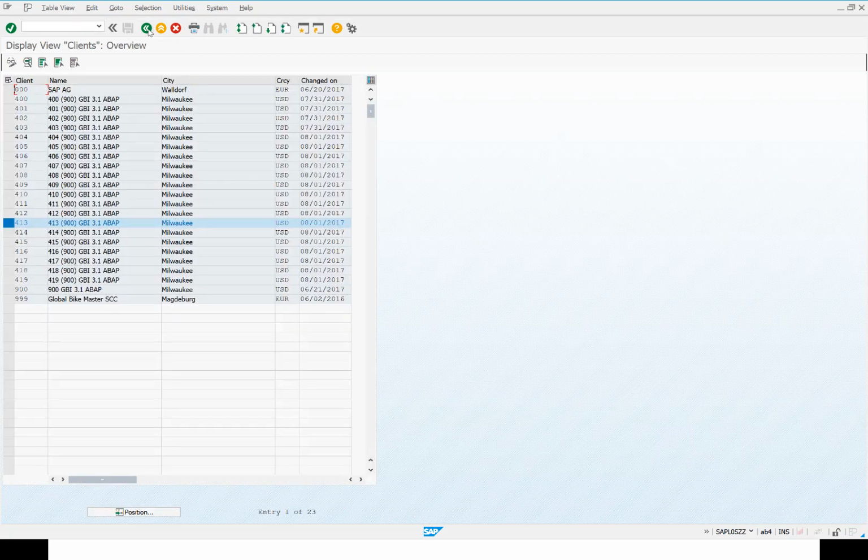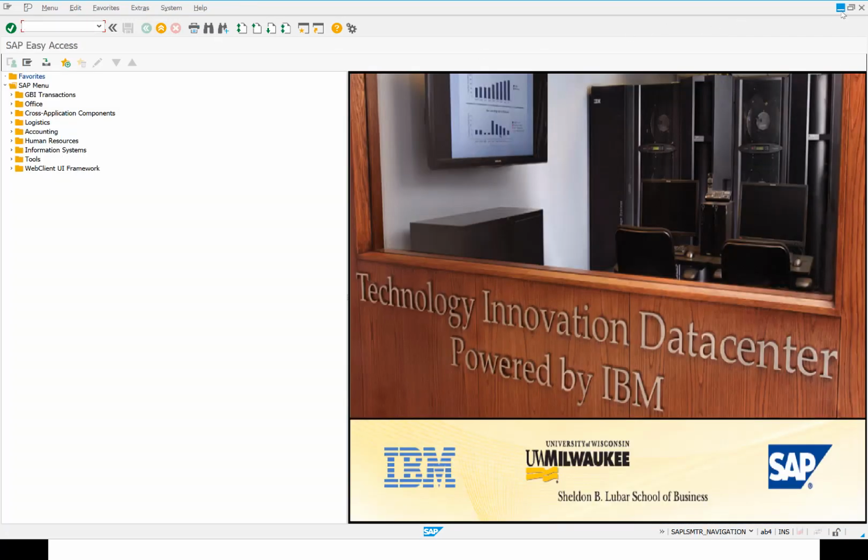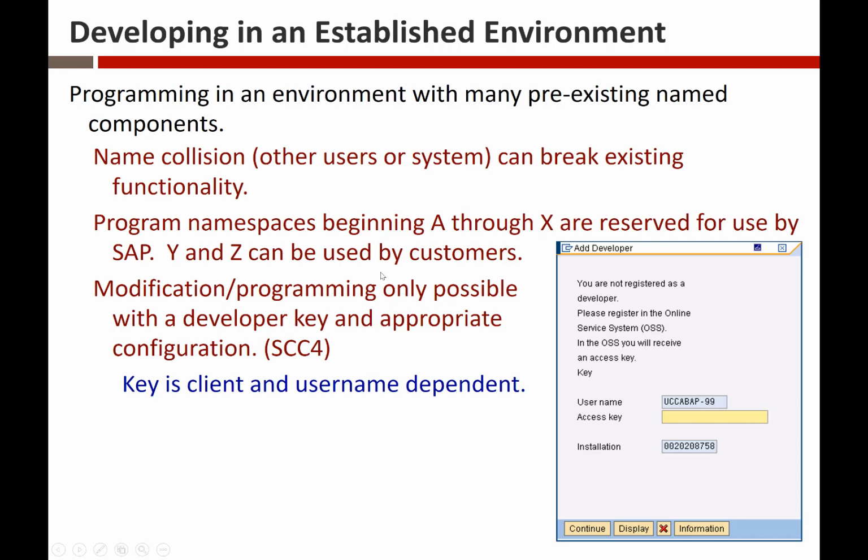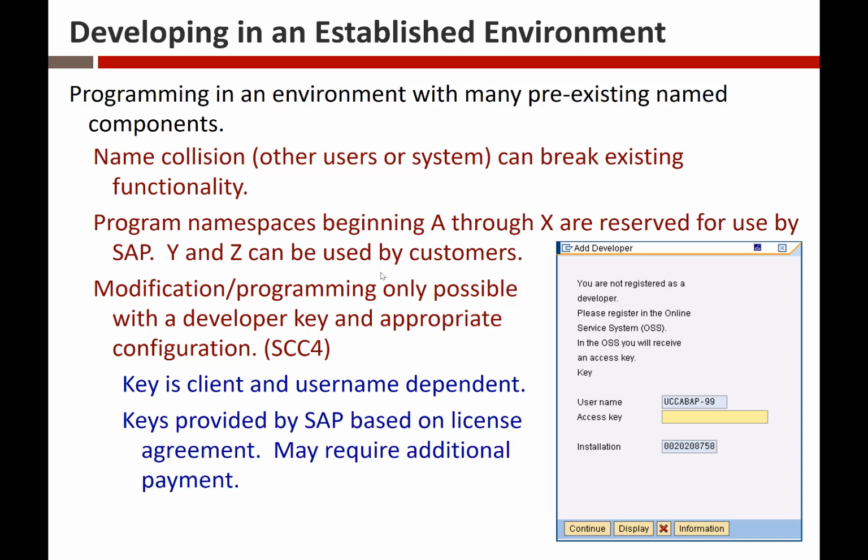But all a system administrator would have to do is go to this particular transaction, and he or she could turn off the ability for anyone to do development in the system. As we talked about last time, whether or not an individual user can develop is based on their username and whether or not they have been issued what's called the developer key. And we'll see that hopefully here in a few moments in action when we create our first program.